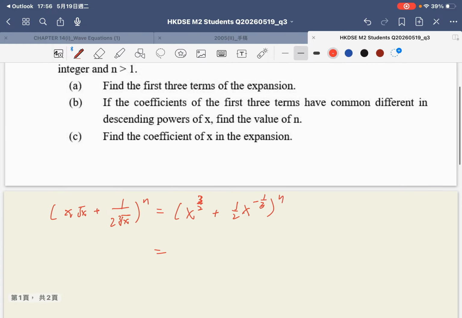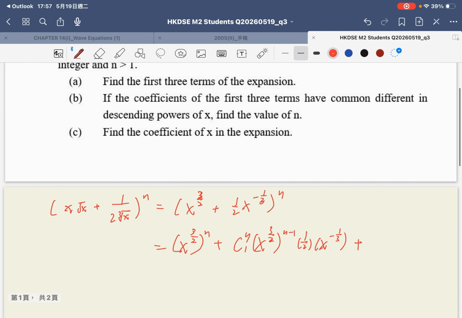Then the first term is x to the power 3 over 2, to the power n, and then nC1 times x to the power 3 over 2, to the power n minus 1, times 1 over 2 times x to the power negative 1 over 3.